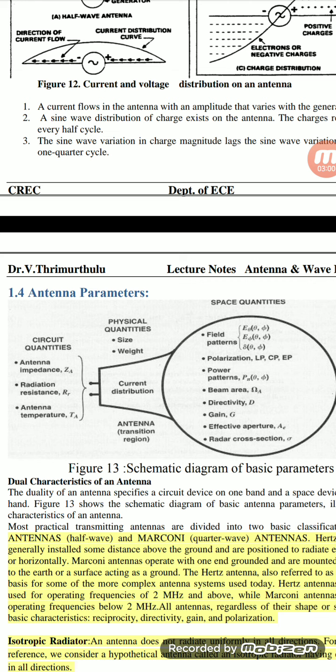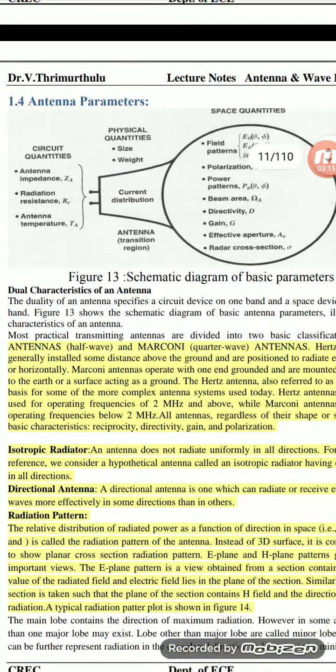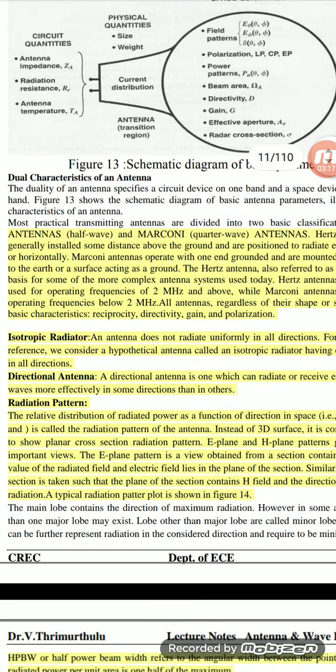These are the main parameters, and then how to calculate them: solid angle, gain, effective aperture, radar cross section, and field parameters.